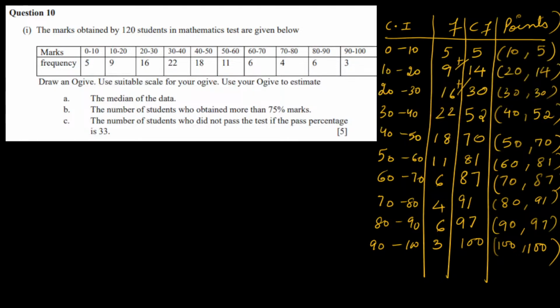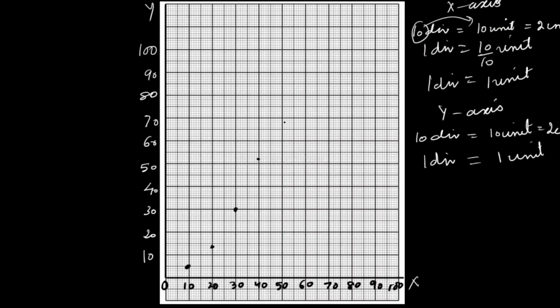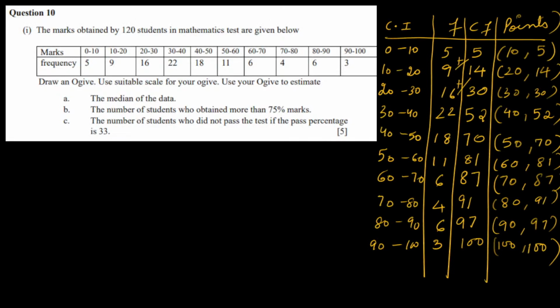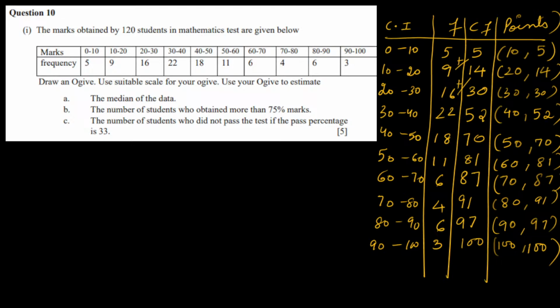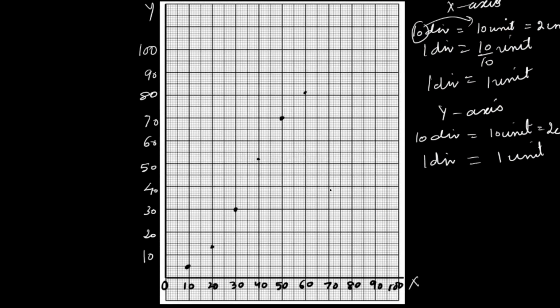Then we have 50, 70. Then we have 60, 81. 70, 87, 87 will be 3 units below 90.